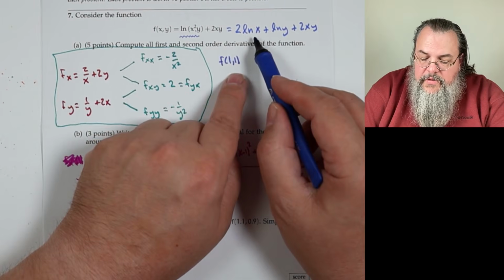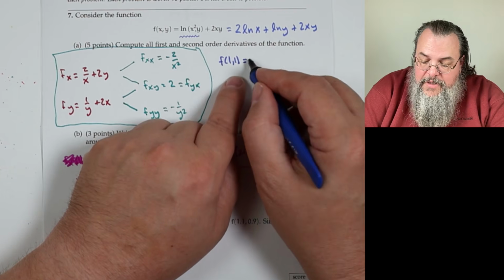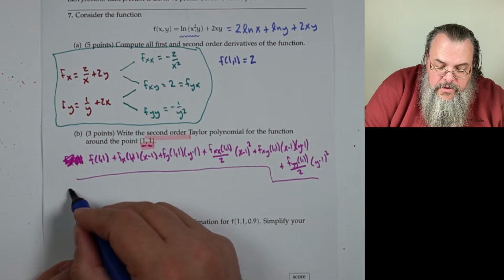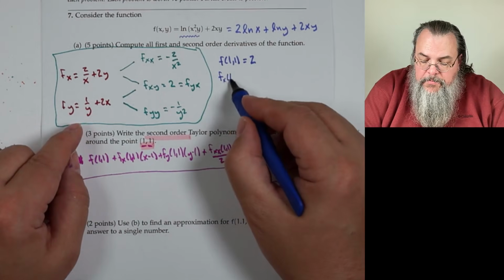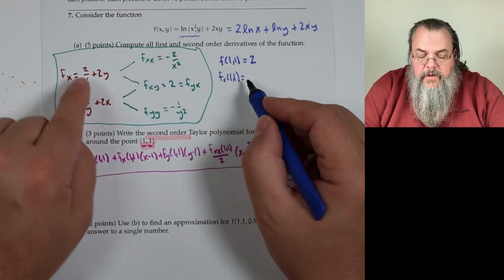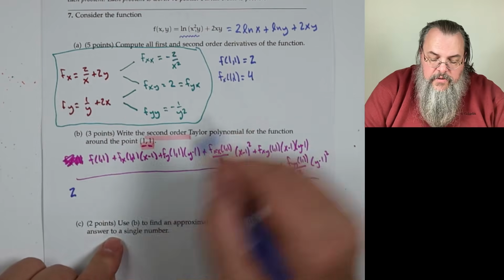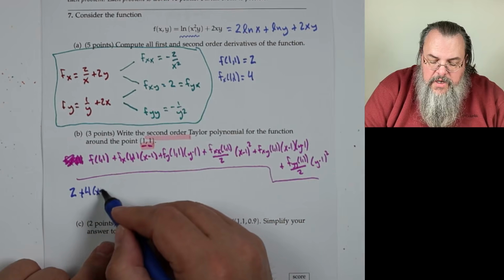So log of 1 is 0, log of 1 is 0, 2 times 1 is 2. Okay, so f(1, 1) is 2. f_x at (1, 1). Okay, so everything's a 1. 2 over 1 plus 2 is a 4. So we get plus 4 times (x minus 1).